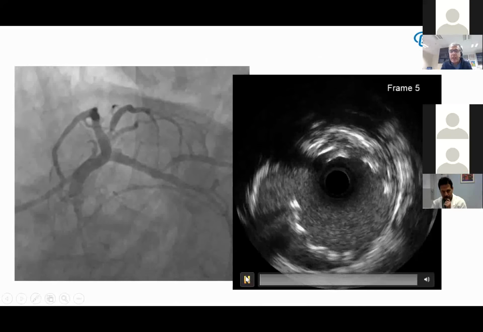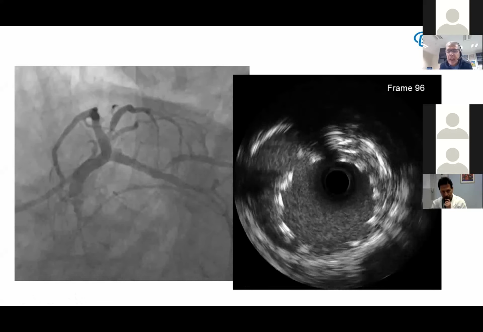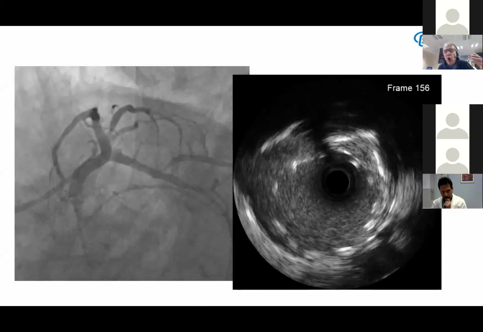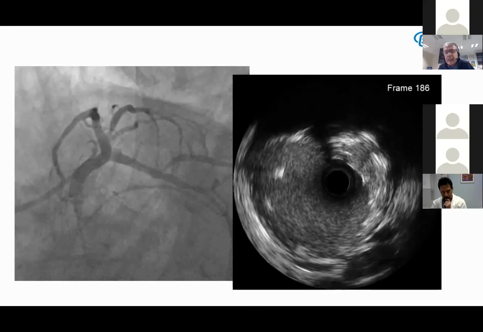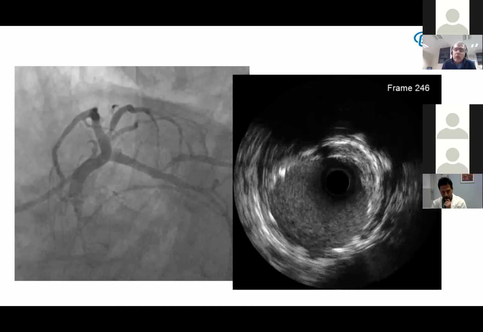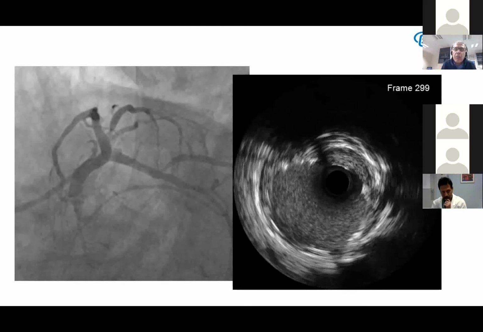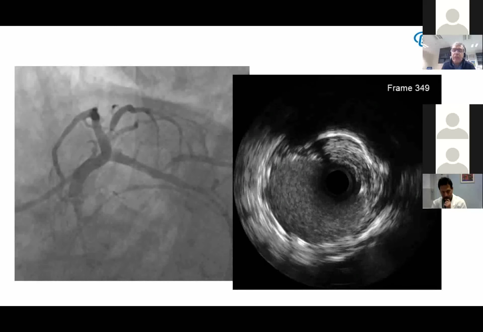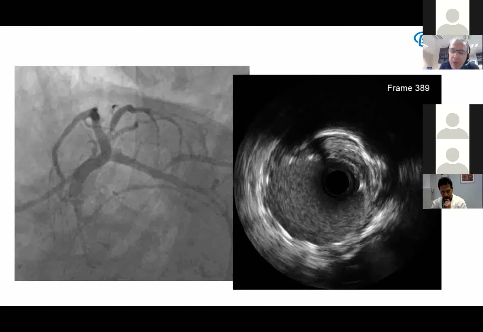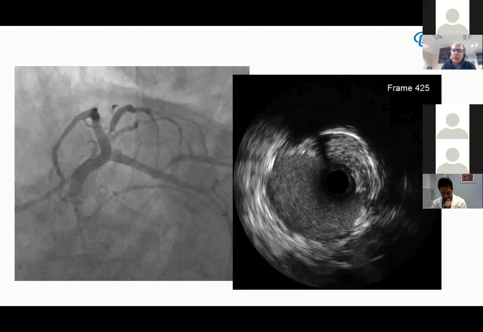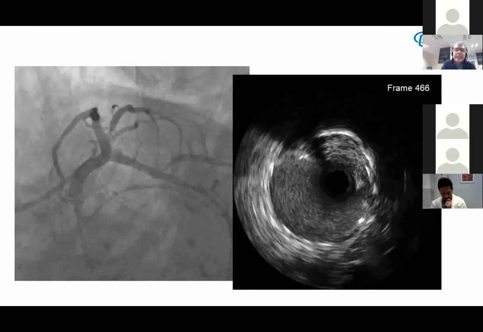This is the ectasia and the origin of the circ, but now you can appreciate a complete expansion after the 4.5 balloon of the stent against the vessel wall.